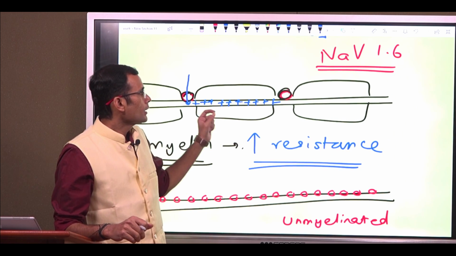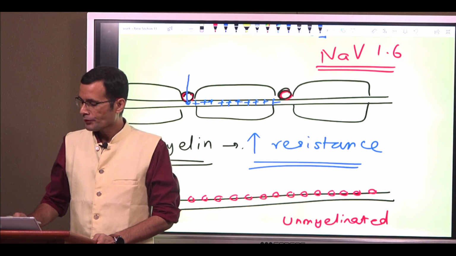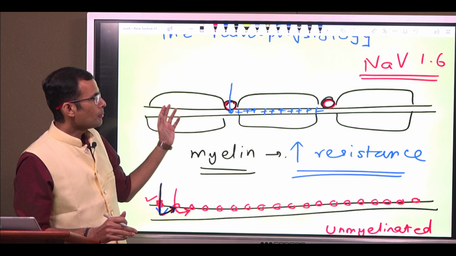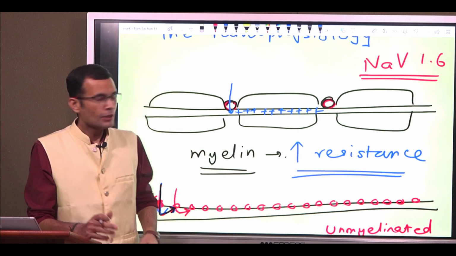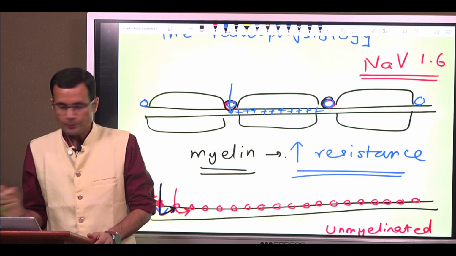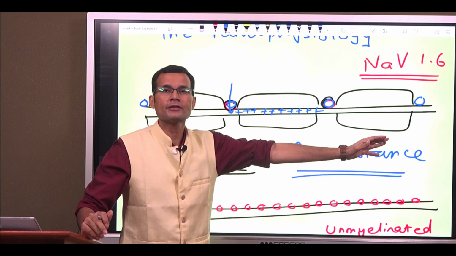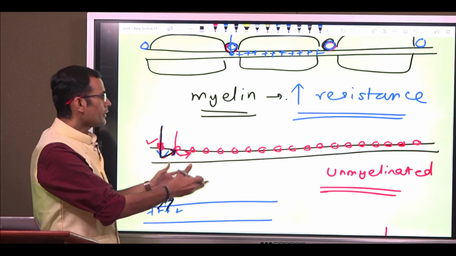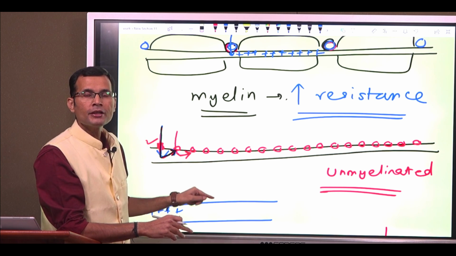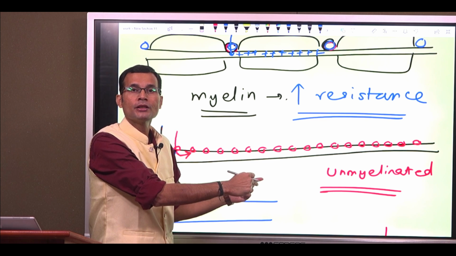Well, myelin increases the resistance, decreases the capacitance, and therefore what you can see is, in the case of myelinated axon, the action potentials are generated at the nodes of Ranvier, at long distances, compared with the unmyelinated axon, where every next point has to reach threshold, every next point has to generate the action potential.